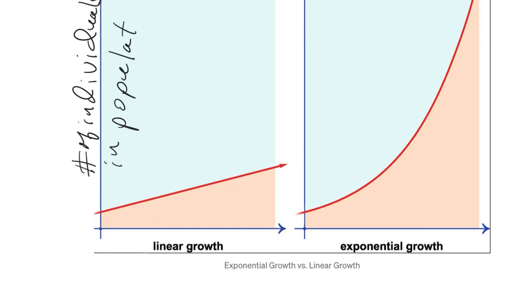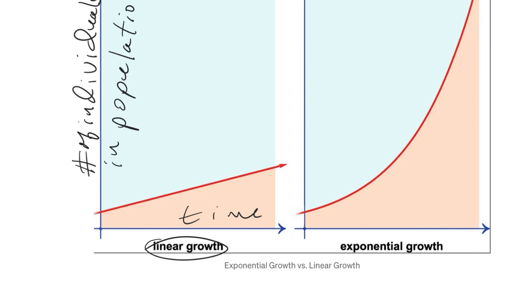So you start out with a small population, and then the x-axis is the time passing. The first graph I have on the left side shows linear growth. What does that mean? That's not exponential growth. It means the population's increasing at a steady rate.